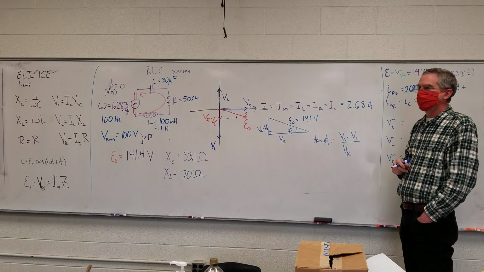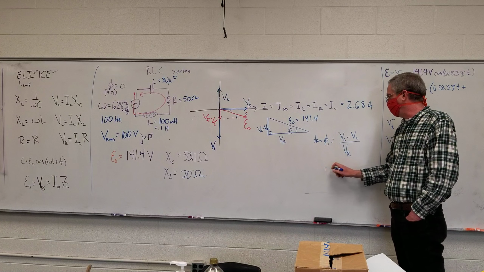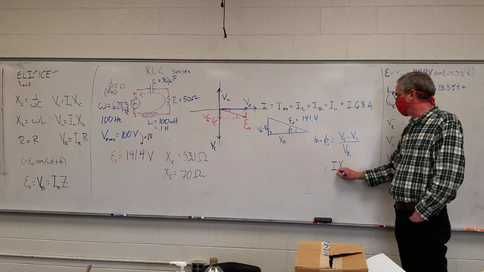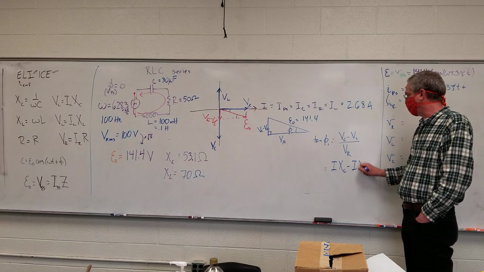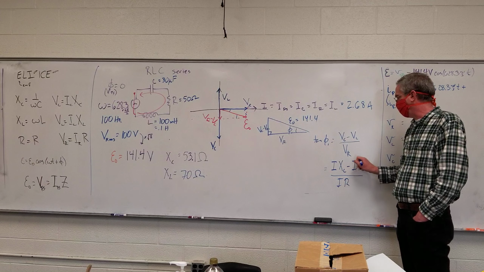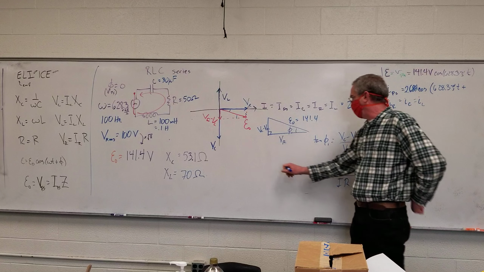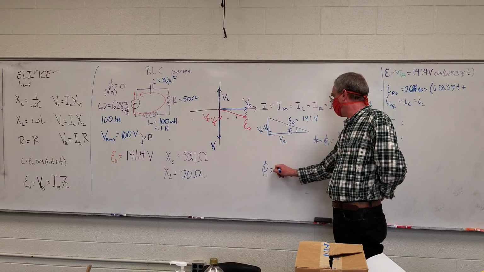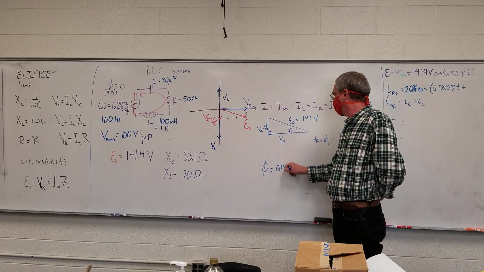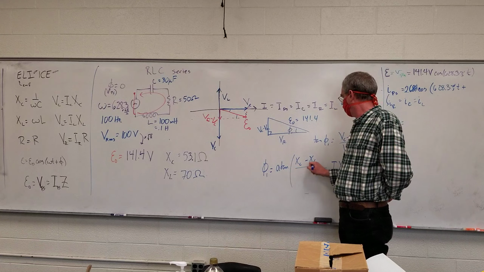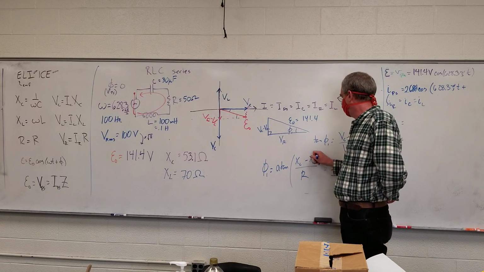So this becomes I X sub C minus I X sub L over I times R. My I's cancel out. And so I end up with my phase here being the arctan of X_C minus X_L over R.